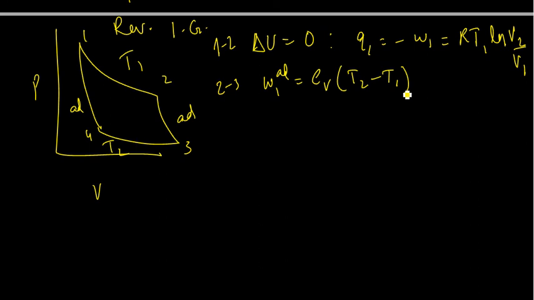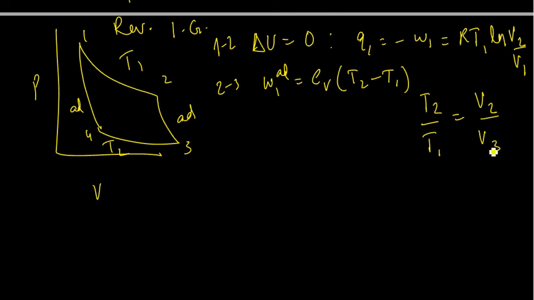And since it's a reversible adiabatic case, I have another equation from there. T2 over T1 is equal to the volume at point 2 over the volume at point 3, to the power gamma minus 1.